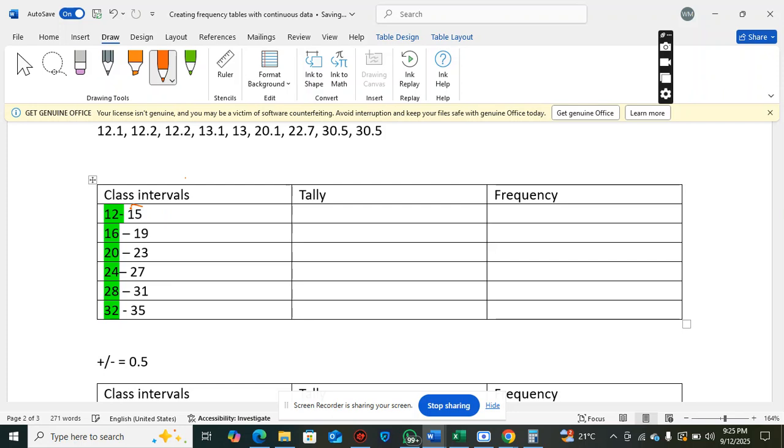Get the upper limit for one class and the lower limit for one class. Let's say, for example, here 16 and 15. So say 16 minus 15, that gives you 1. Then this difference divide by 2. 1 divided by 2, that is 0.5.